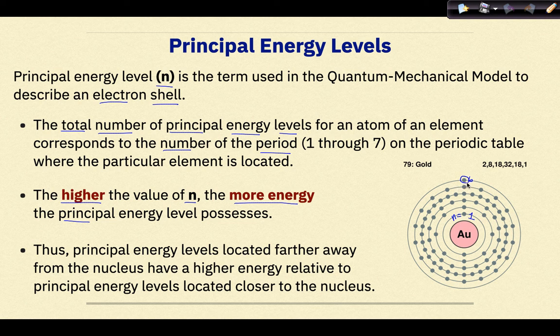That principal energy level is going to have more energy than the electron in principal energy level number 1. Thus, the principal energy levels located farther away from the nucleus have a higher energy relative to the principal energy levels located closer to the nucleus.